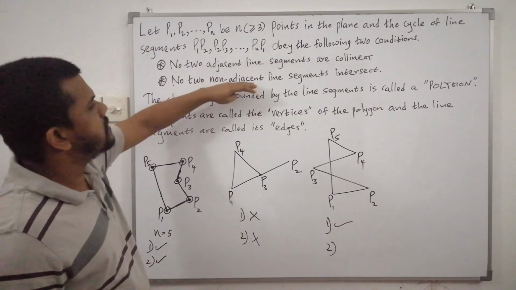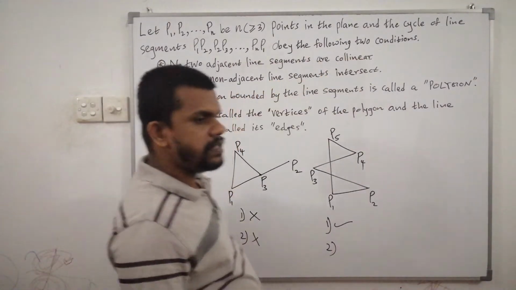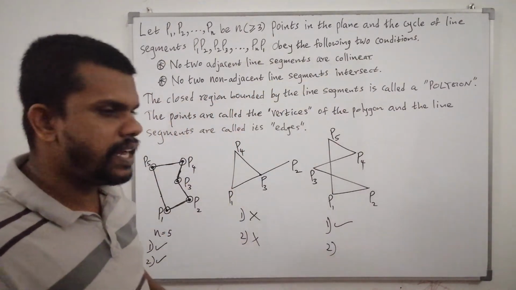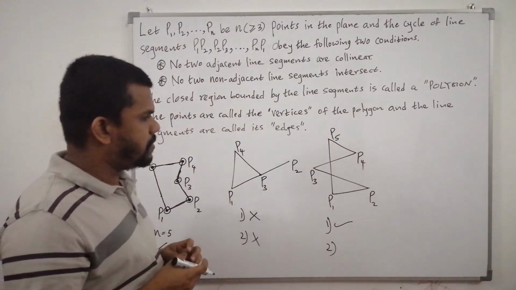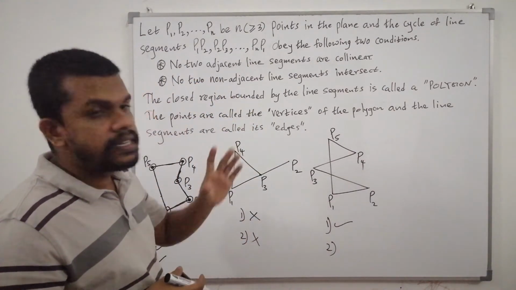But let's look at the second condition. No two non-adjacent line segments intersect. That means any pair of non-adjacent line segments must not intersect.